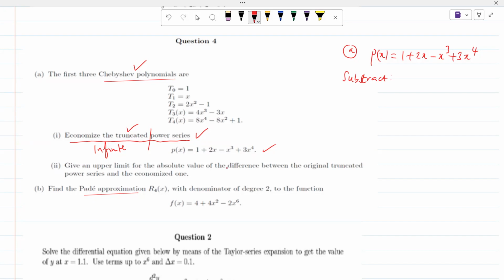Now we subtract 3 over 4 of T4 of x. So if we multiply the T4 of x by 3 over 4, what do we get out of this?